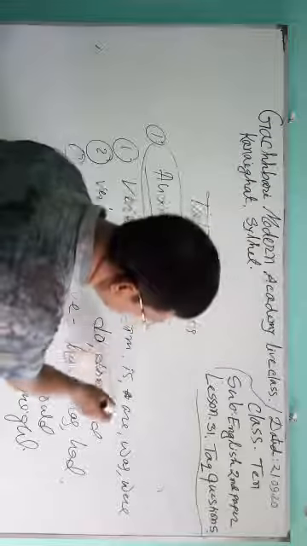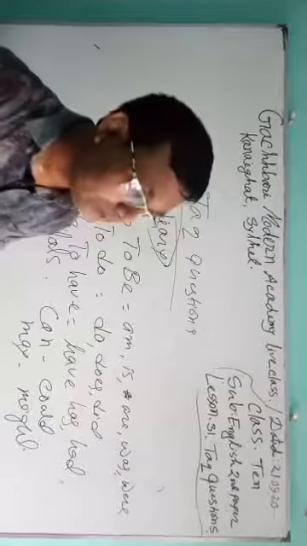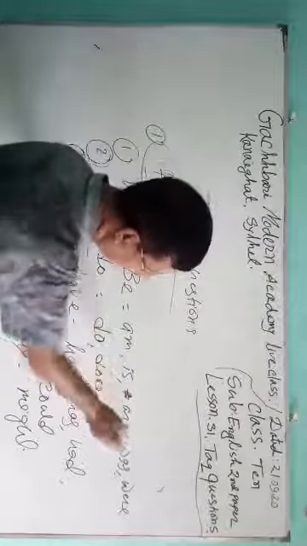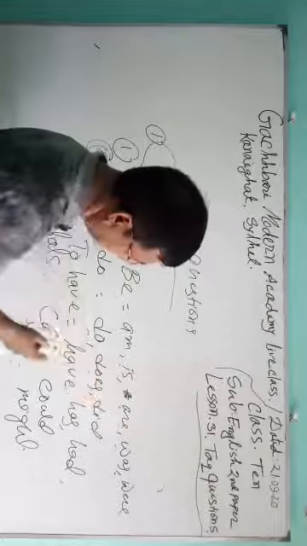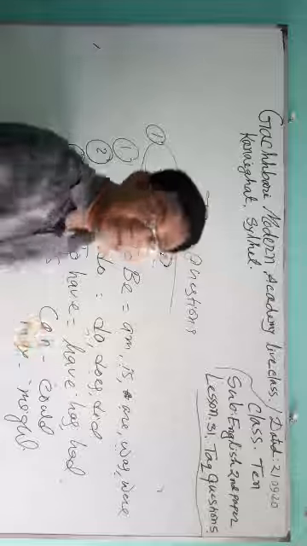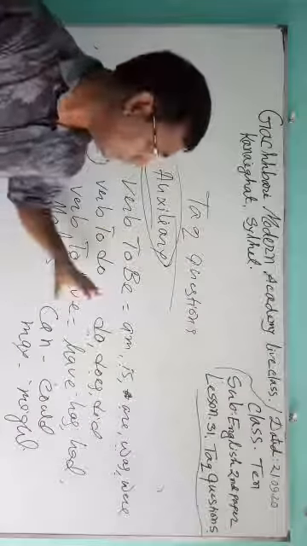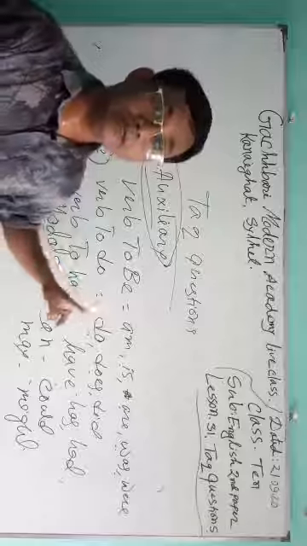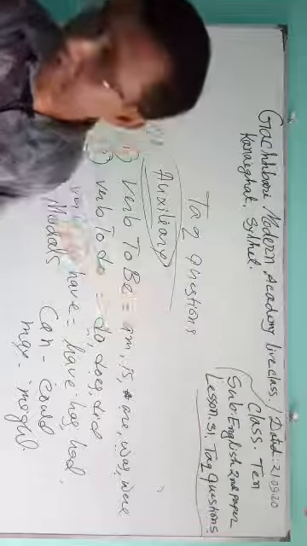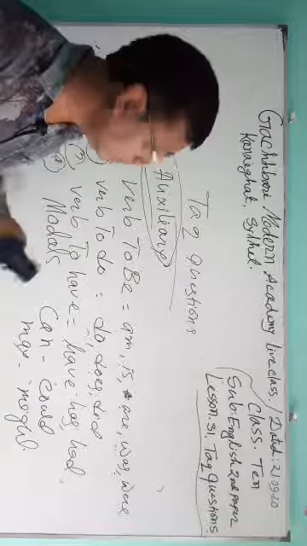Am, is, are, was, were. Now, dear learners, read with me. Am, is, are, was, were. Do, does, did. Have, has, had. Can, could, may, might. These are operators. Now we see how we can use them in tag questions. Dear learners, I have to clean the board.